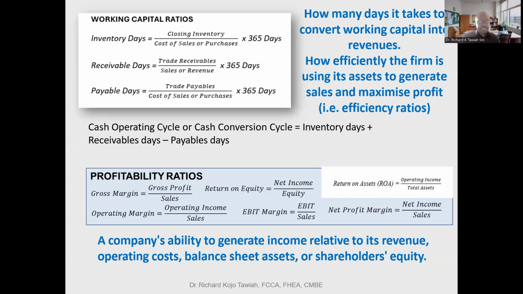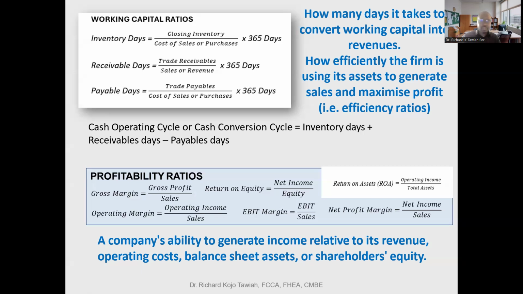And most companies would want longer payable days because it is like getting interest-free money from your suppliers. So if I used to take 30 days to pay my suppliers, and now I can get 90 days, I'm getting an extra 60 days of cash-free, interest-free money. So the longer the payable days, the better.